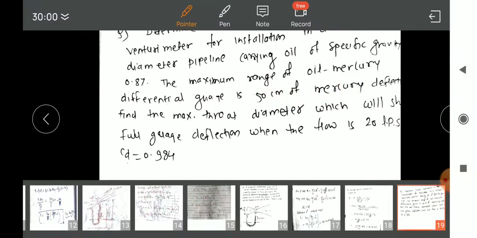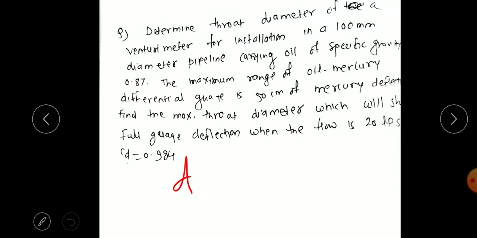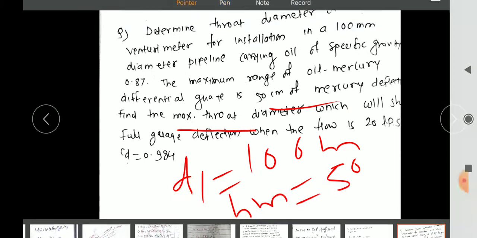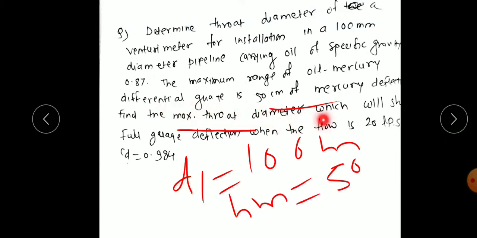So HM, the maximum manometric head, is given as 50 centimeter of mercury. Find the maximum throat diameter which will give full gauge deflection when the flow is 20 liter per second. So the discharge is given as 20 liter per second.